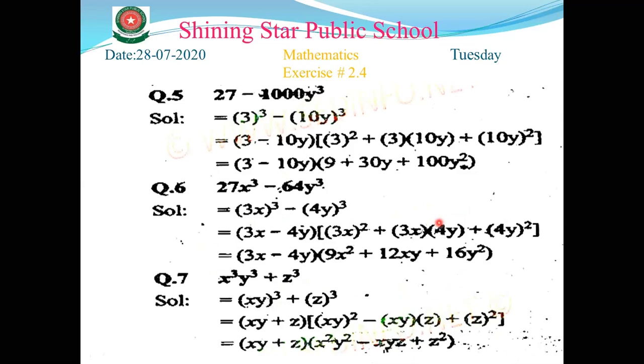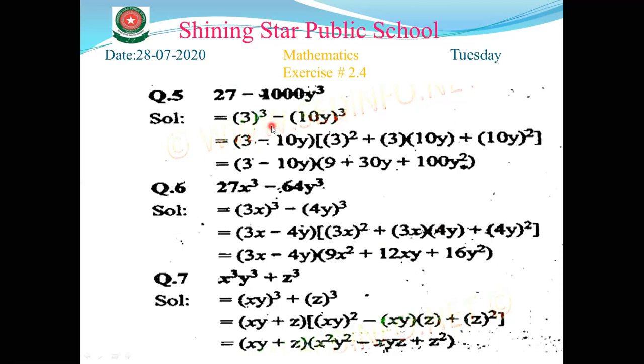27 minus 1000y cube. 27 is the cube of 3, simple, and 1000 is the cube of 10, (10y) whole cube. Now, we can write simply 3 cube minus (10y) whole cube.